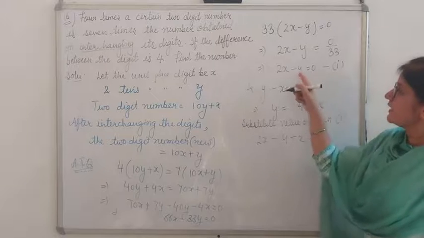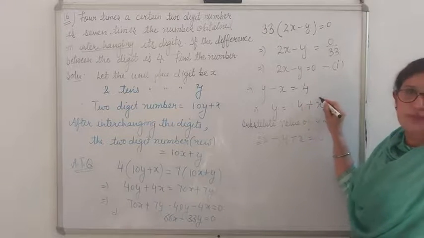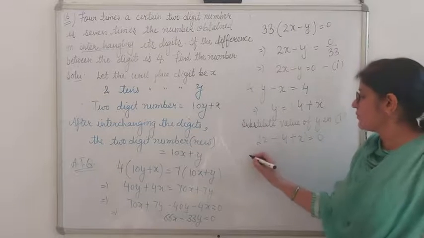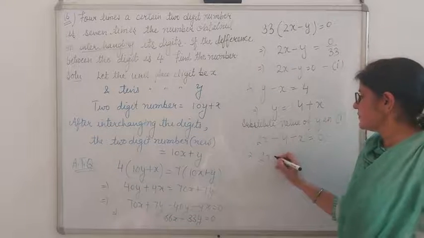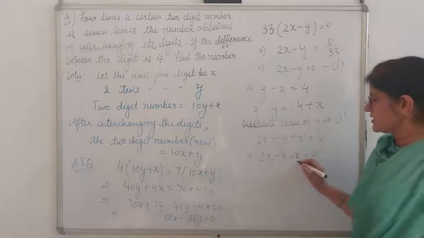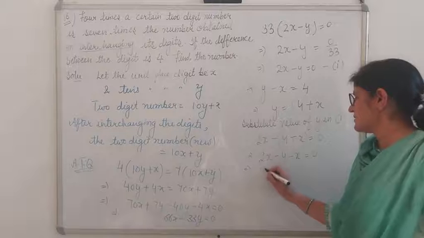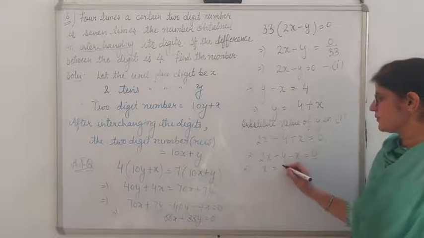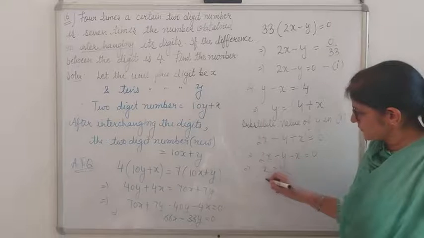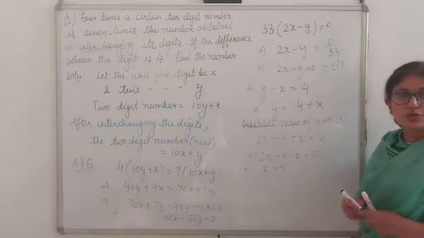Because minus y has this total value, that's why both the values and the outside minus. Now 2x minus 4 minus x is 0. 2x minus x is equal to minus 4, which comes here as plus. So the value of x we have found: x is equal to 4.